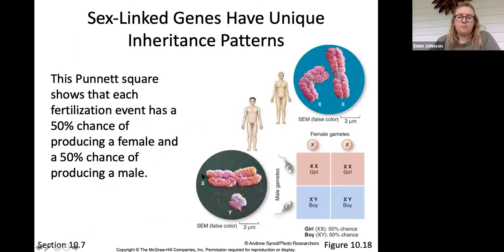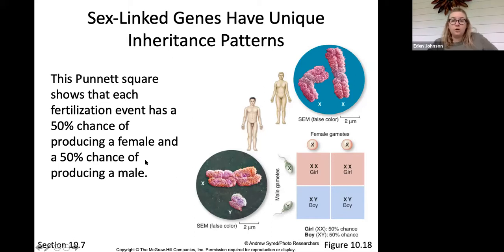All right, so next you can have sex-linked genes, okay? And sex-linked genes will have unique inheritance patterns. So if you have a sex-linked gene, that means it is linked to your sex chromosomes. What are your sex chromosomes? They are your X or your Y chromosomes. Females are XX, males are XY.